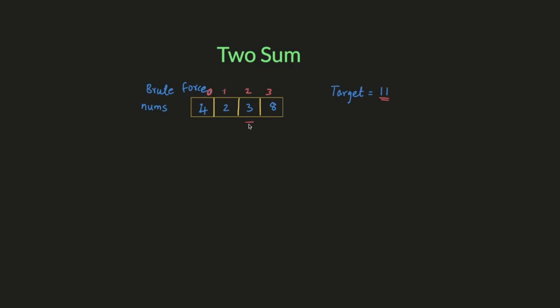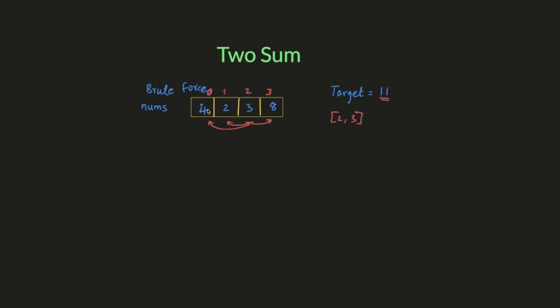Then you go to the next element. Then 3 plus 4 is 7, 3 plus 2 is 6, 3 plus 8 is 11. So finally we found our answer, which is 2 and 3. So we return the positions 2 and 3. But this is very inefficient because for this we'll need two for loops.